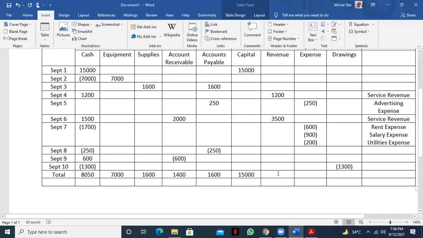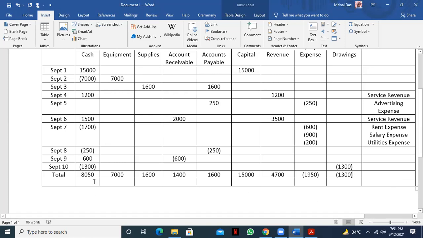The next one is 4,700. And here it is 1950, right? 1950. Yes. Okay. And this is 1300. So that's our total column.